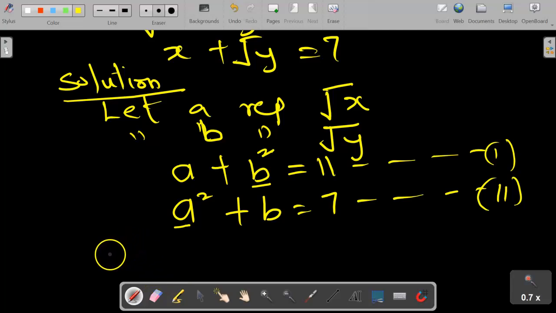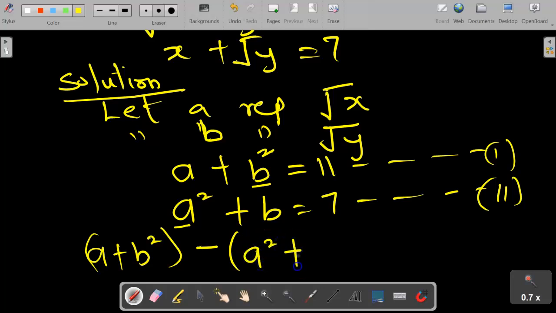So let's subtract equation 2 from equation 1 to simplify the problem. Equation 1, we have a plus b squared, minus equation 2, a squared plus b, equal to 11 minus 7.